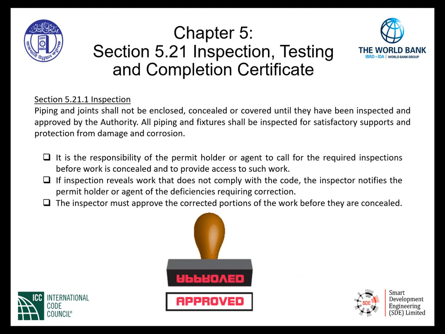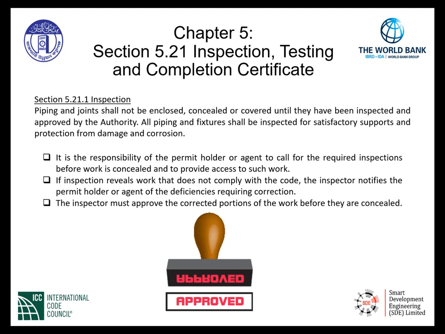Section 5.21 gives us requirements regarding inspection, testing, and a completion certificate. So piping and joints are not permitted to be enclosed. They're not permitted to be concealed or covered until they have been inspected and approved by the authority.